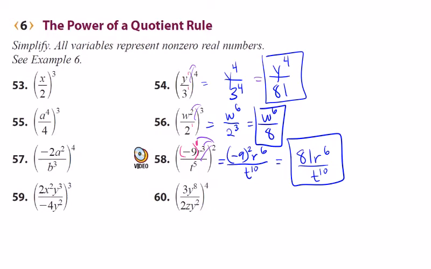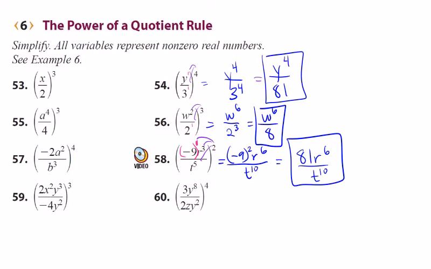Number 60 is a little different, and I should have mentioned this before, but with any of these problems, we still want to observe order of operations, right? PEMDAS. So what I should have at least checked for, or at least mentioned before, is whether there is anything we can do inside to simplify. With these previous examples, there wasn't anything we could do inside.